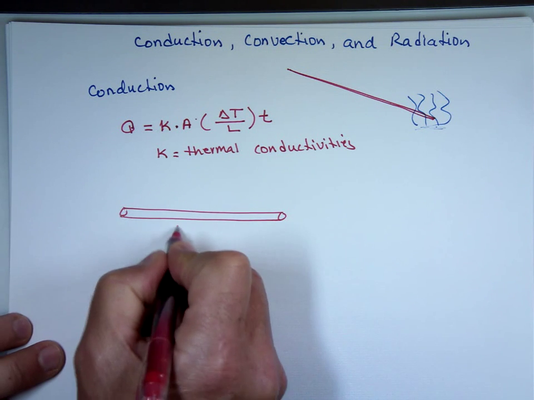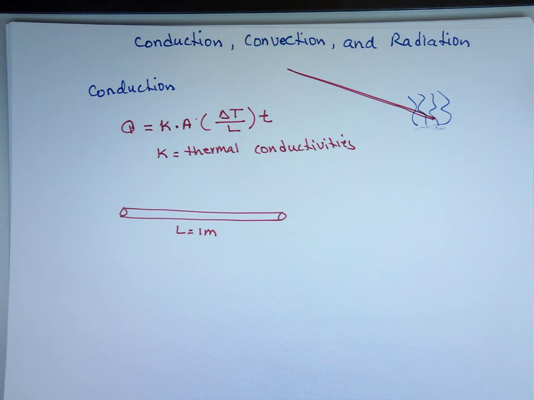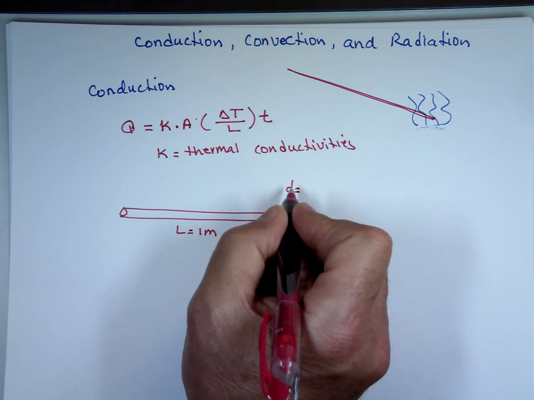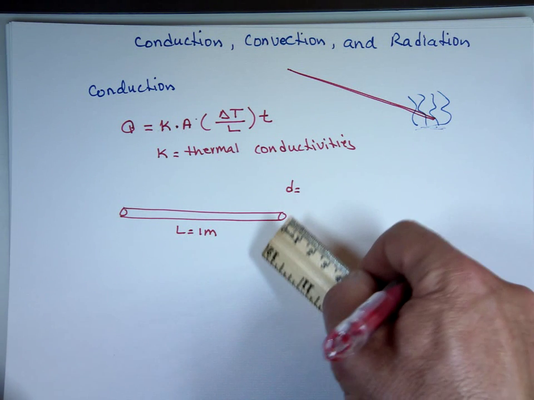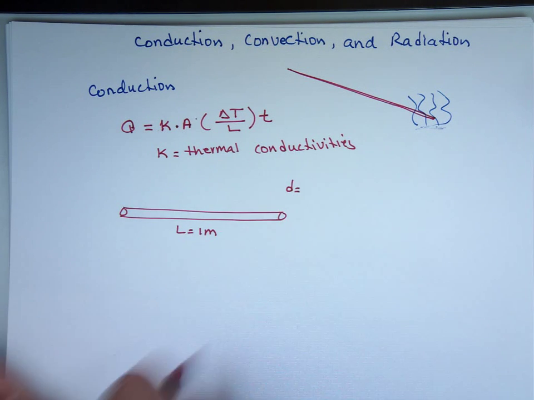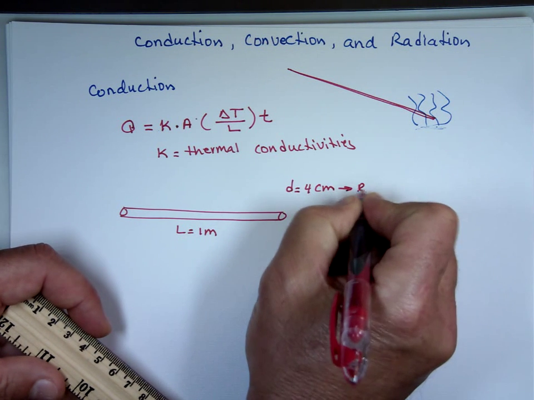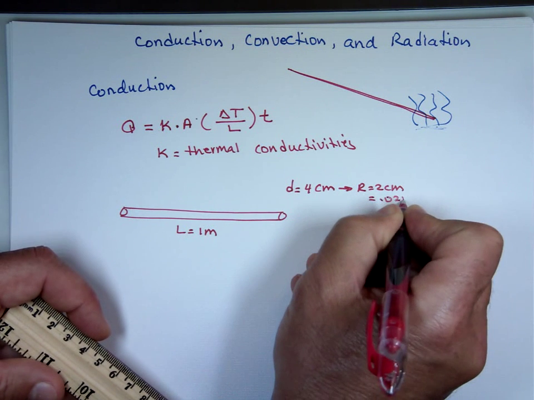The length of the rod is 1 meter long. The end is round. The diameter, let's say, is 4 centimeters, a decent sized rod. So the radius is 2 centimeters, which is 0.02 meters.